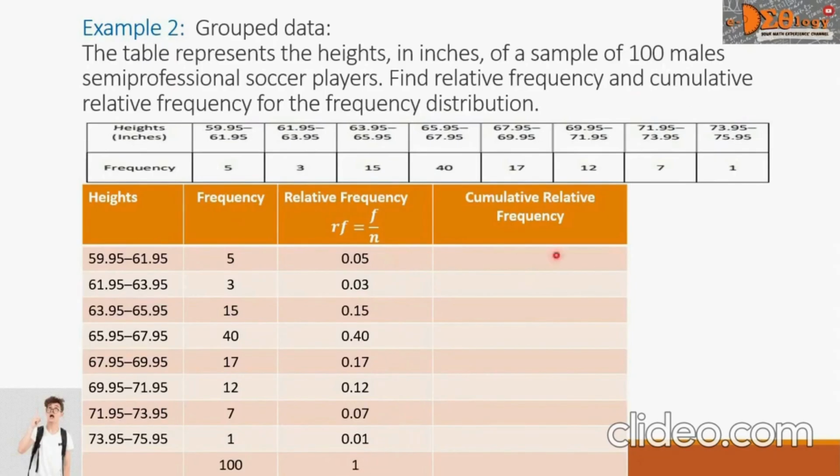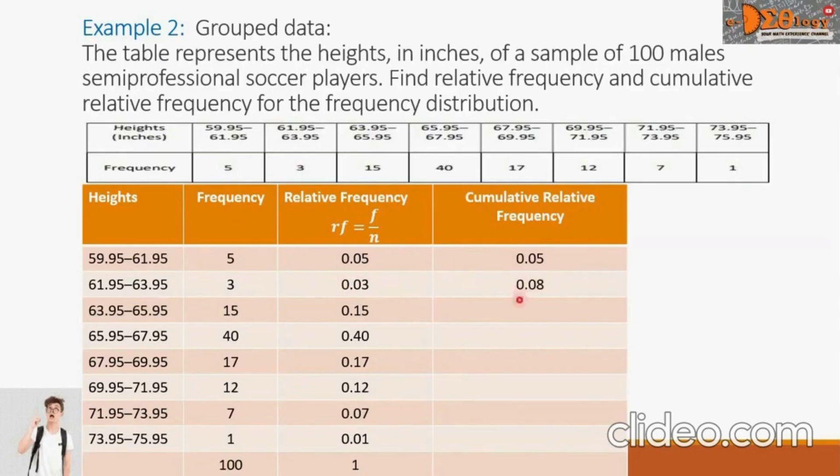Next, we will now fill in the cumulative relative frequency. For our first row, we will simply copy this 0.05. For the second row, we will add the 0.05 to the 0.03.